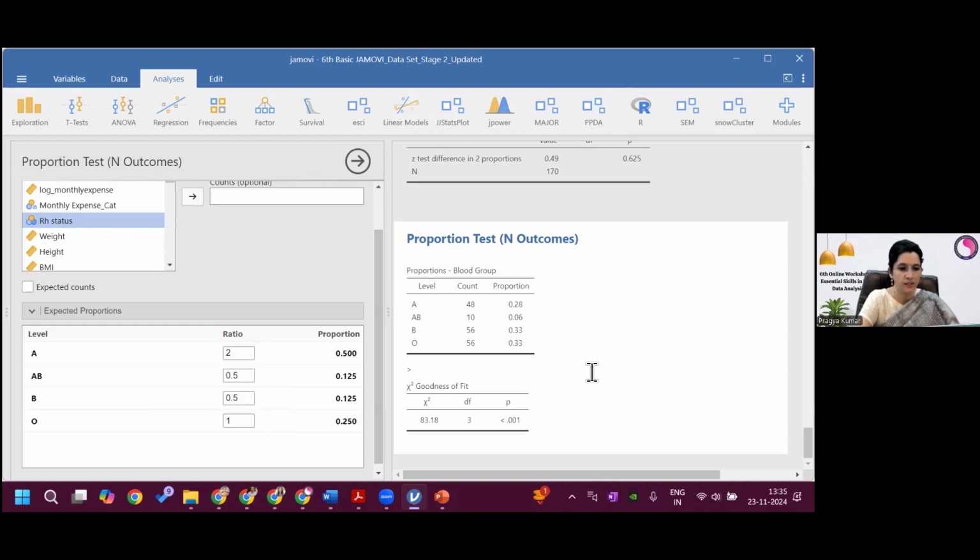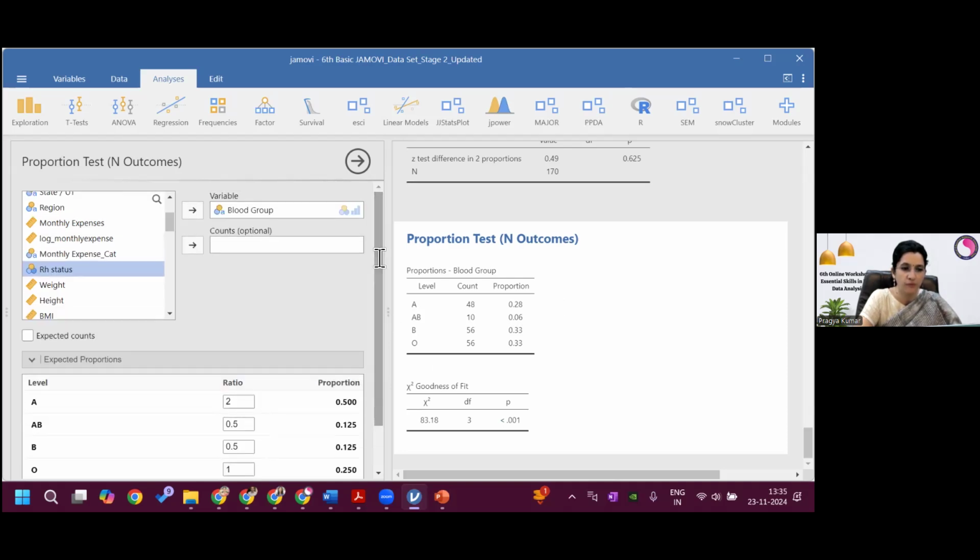So now you can see 2, 1, 3, and 4. Yes. So it is significant because there's a difference between the proportion you see here and what is there as expected. And if you don't write anything, then it will take all 4 levels as equal, and then it will give you the value of chi-square. So this is the chi-square goodness of fit.